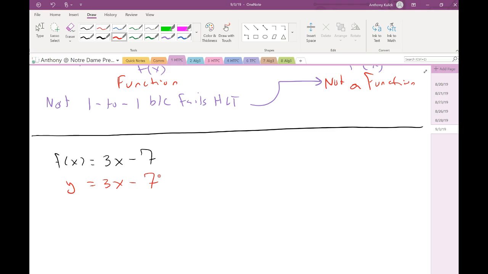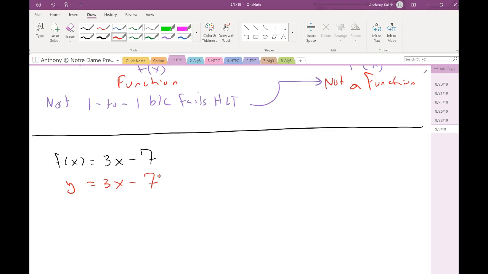Okay, that's perfectly acceptable. I like to do the swapping of the x and y last, so I get the x by itself first, and then I swap the variables. For the most part, it probably doesn't matter. There's some situations where if you're given a function with a restricted domain, it is more intuitive to understand how to use that restricted domain if you do the swapping last rather than first.